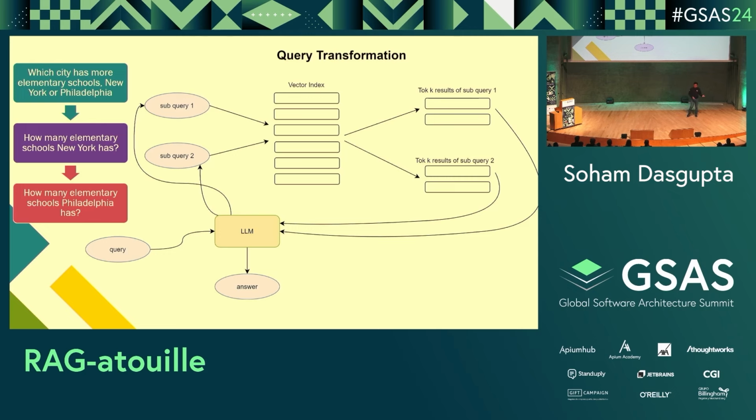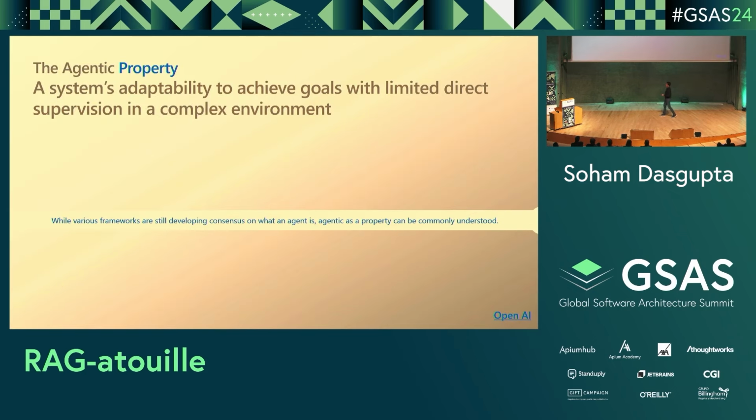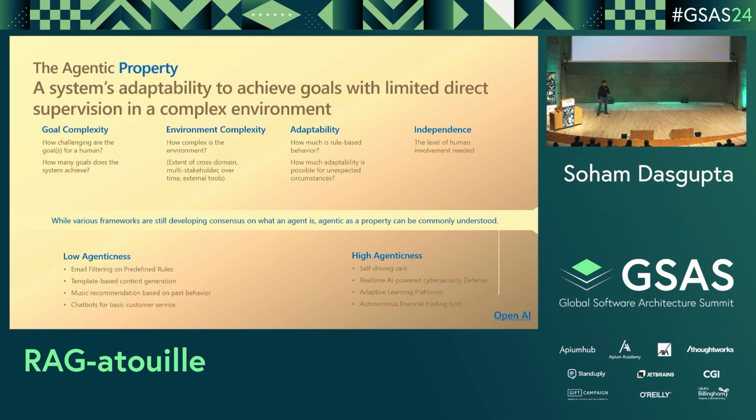The second one, which is basically the talk of the town in GenAI, is agent framework. What is an agent framework? In my opinion, nobody has figured out what an agent framework is yet. If you ask 5 different people who are working with agentic systems, they will give you 5 different answers for sure. But I'll try to give you a basic understanding which you can apply as principles when you think of an agentic system.